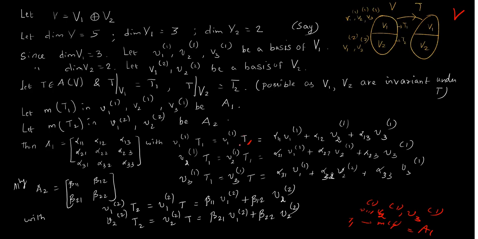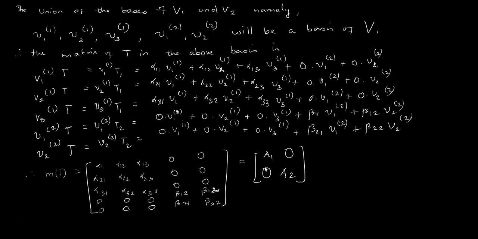T on V1 is nothing but T. So V1 superfix 1 on V1 it is taken as T1. This T takes the avatar of T1 on V1. Right, so restriction mapping, so this is how it should come.